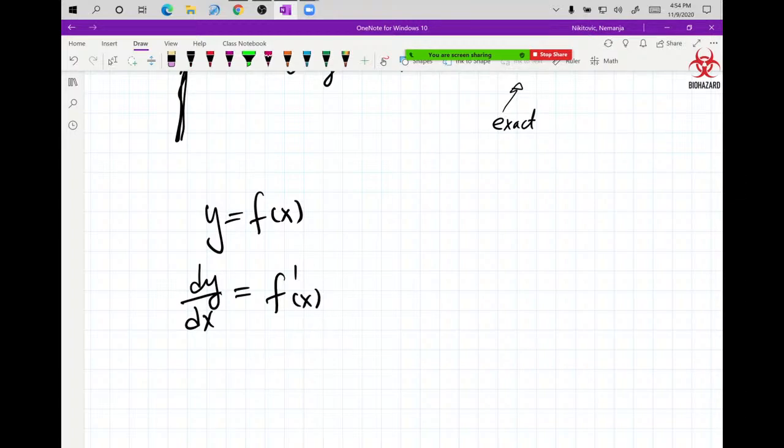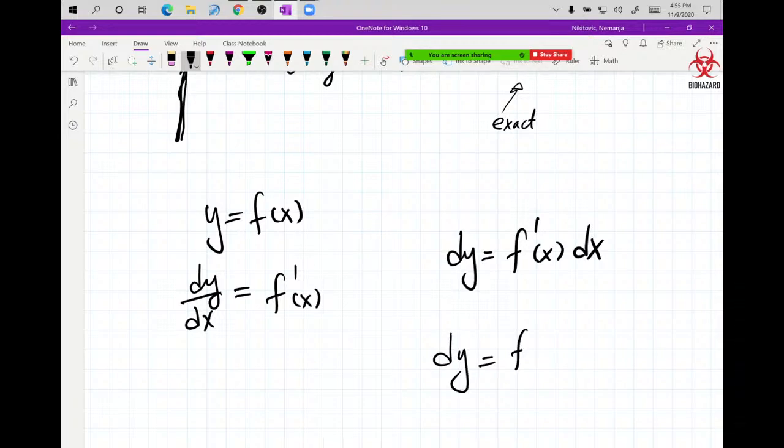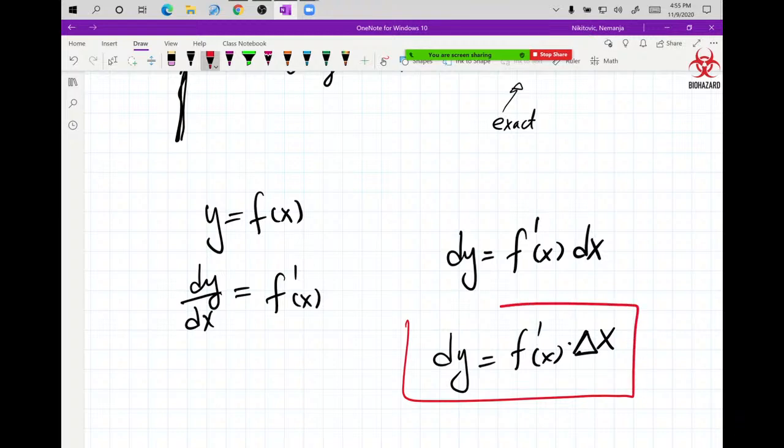So what you get is that dy is equal to f prime of x dx. And I'm going to just change one thing here, and that is to write dy is equal to f prime of x delta x. This is your differential.